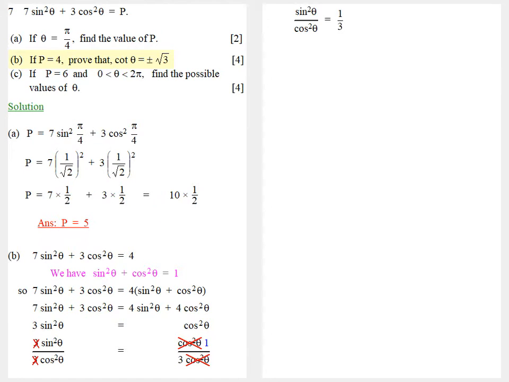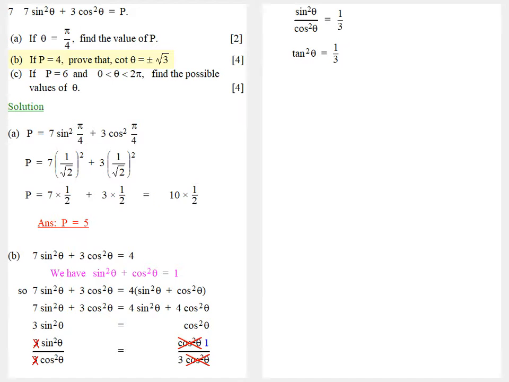So we're left with sine squared theta over cosine squared theta equals 1 over 3. Now, sine over cosine is equal to tan. So sine squared theta over cosine squared theta equals tan squared theta, and that's equal to 1 over 3.